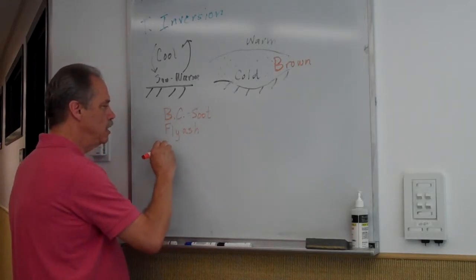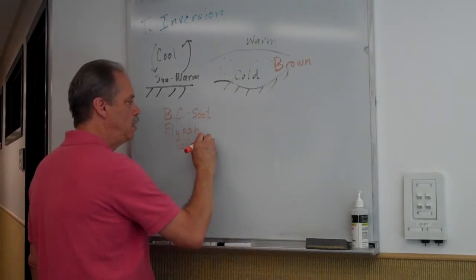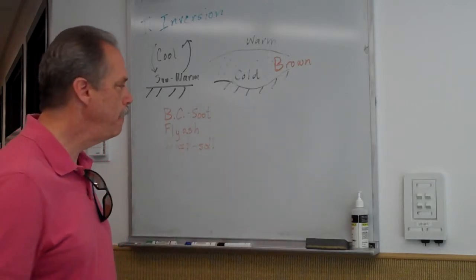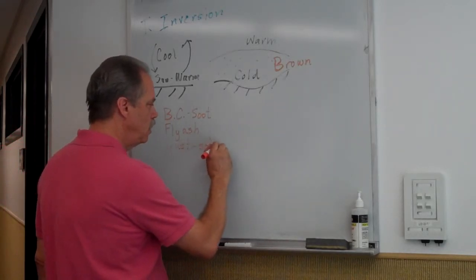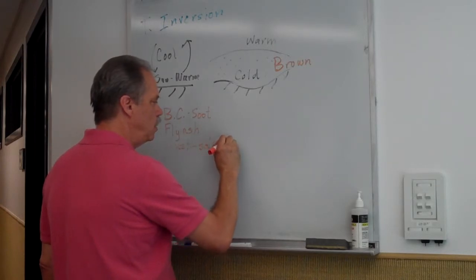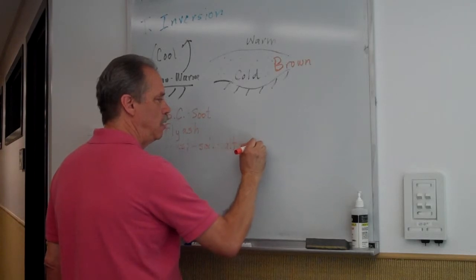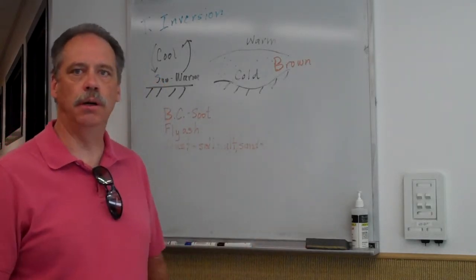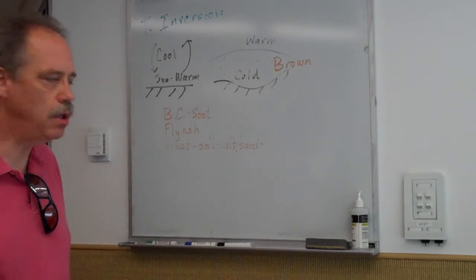We also get dust from soil that just naturally blows up into the air, and especially in the winter, salt and sand mixtures that get ground up and kicked up into the air. So these are all components of our brown cloud.